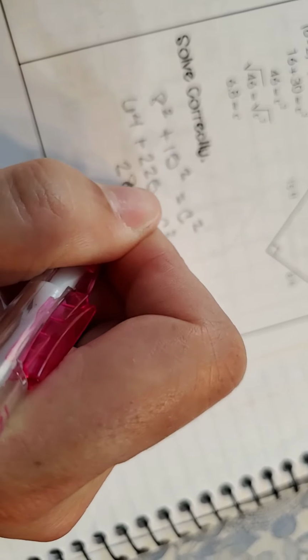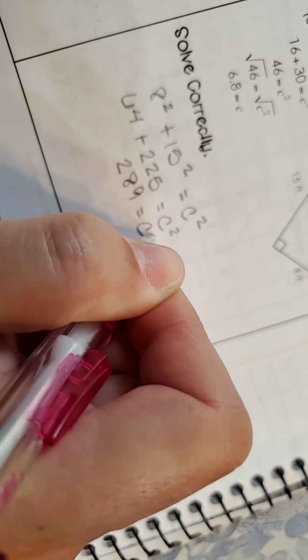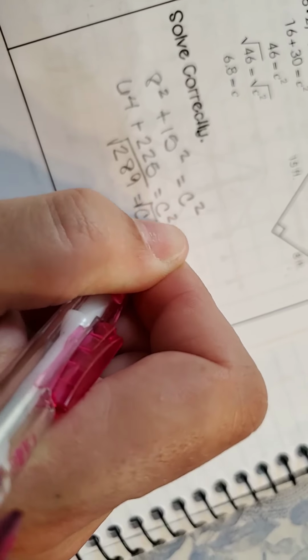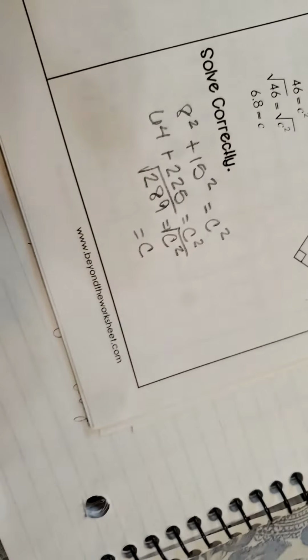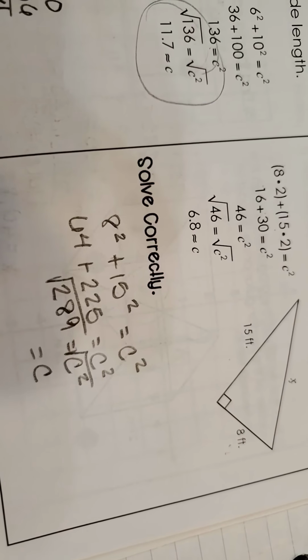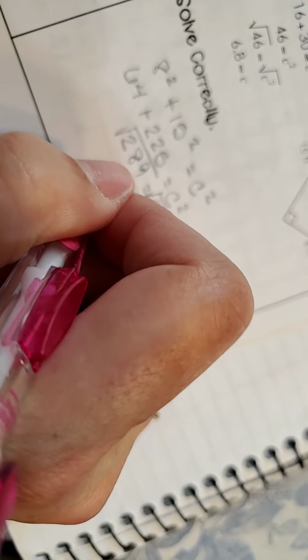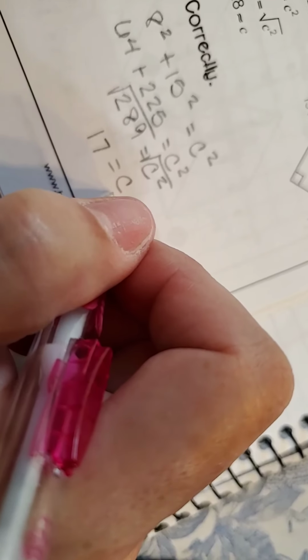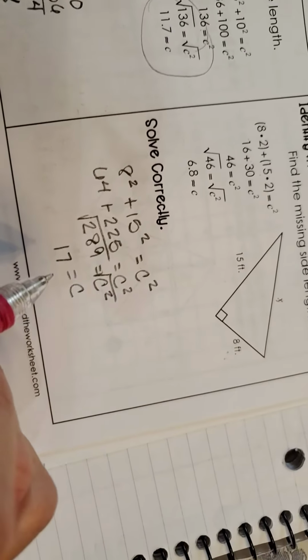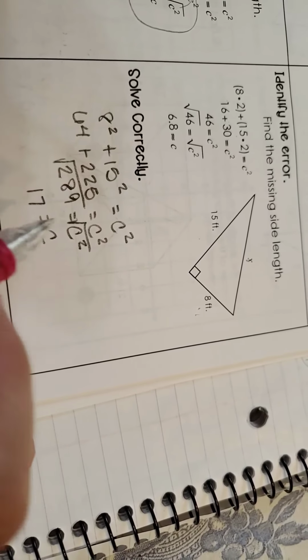And we get 289. And we take the square root of that, and we'll get c. That gives us 17. So 17, not 6 8/10. So 17 is our c. Okay?